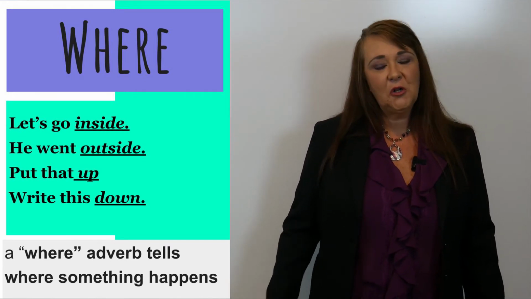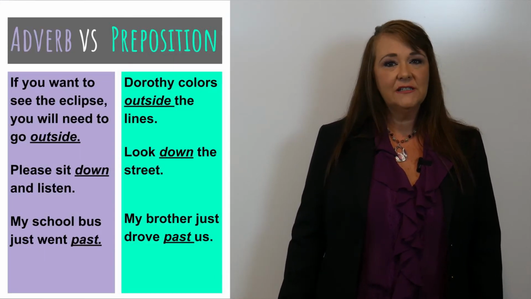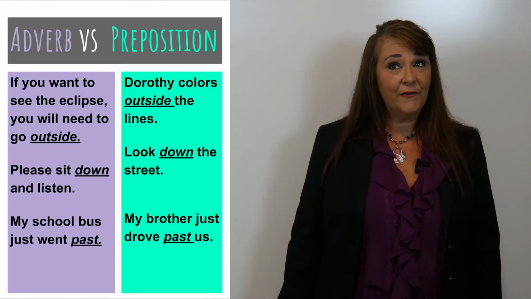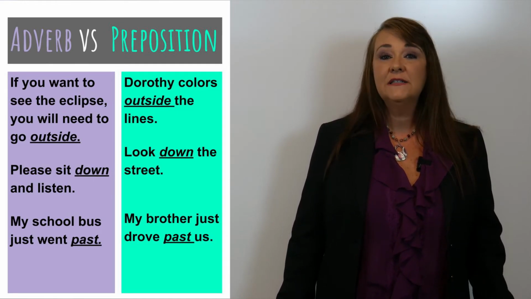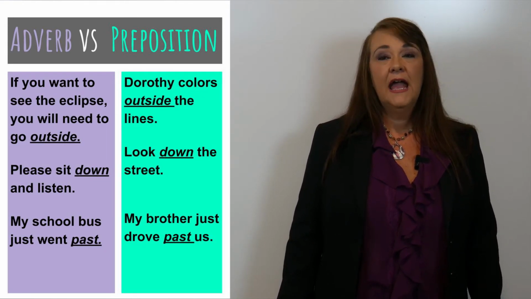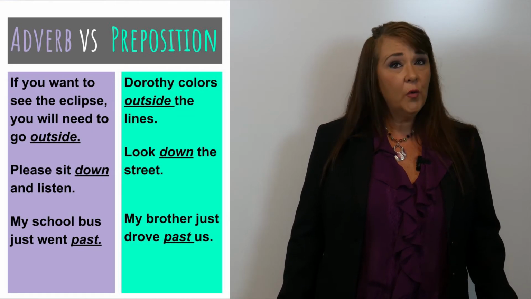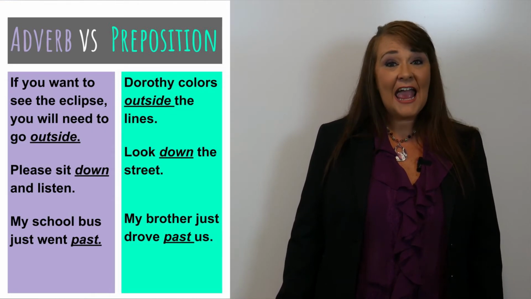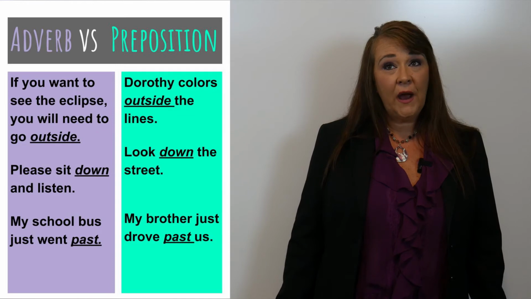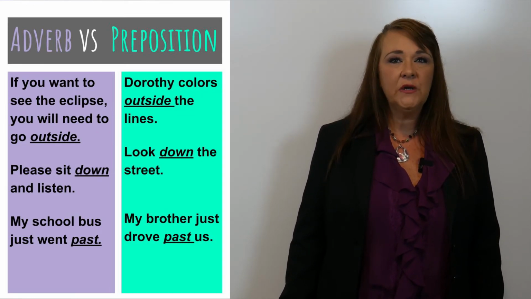Let's look a little closer at this. Words that are sometimes prepositions can act as an adverb. A preposition requires an object. An adverb does not. A single word acting as an adverb answers where, when, how, or to what degree about the verb.